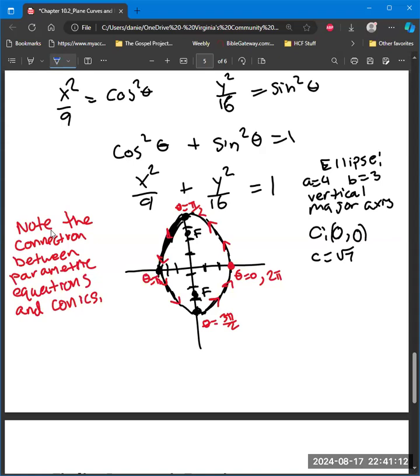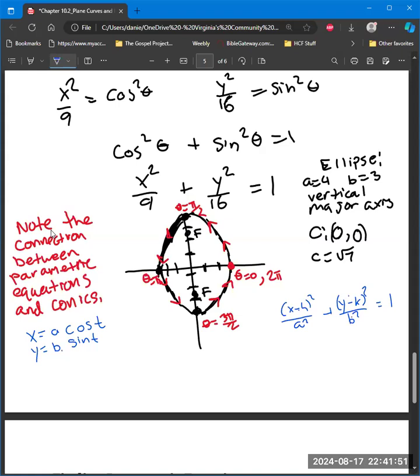So this one could be written in the form of x equals, say, a cosine of t, and y equals b sine of t, or I'm always looking at this in the form of (x minus h) squared over a squared plus (y minus k) squared over b squared is equal to 1, if a is always with the x part and b is always with the y part. I could call these a and b like that all the time.